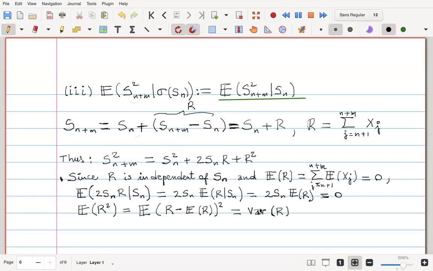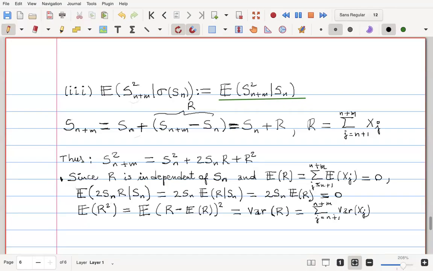We know what R represents. Because these are independent random variables, if I take the sum of independent random variables, the variance will just be the sum. So this gives us the sum over j from n plus 1 to n plus m of the variance of X_j.